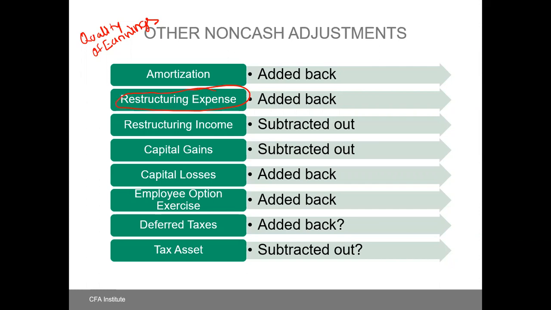At the same time, when the firm makes the restructuring, they might sell off some of the assets. And from those assets, they might end up getting some accounting gain, or some gain in terms of book value. One of those examples is a kind of capital gain.